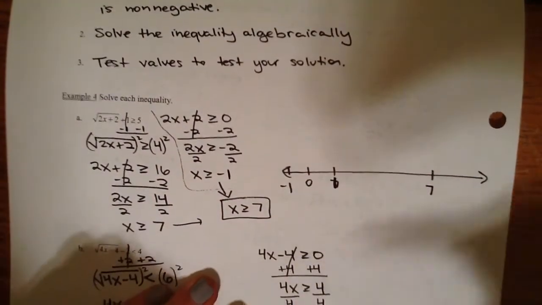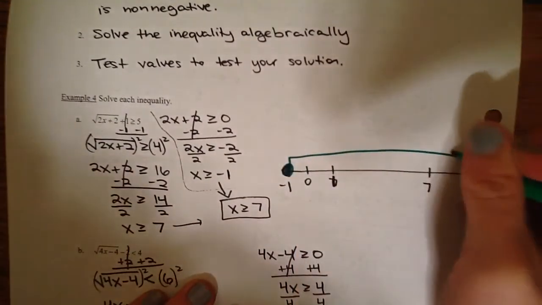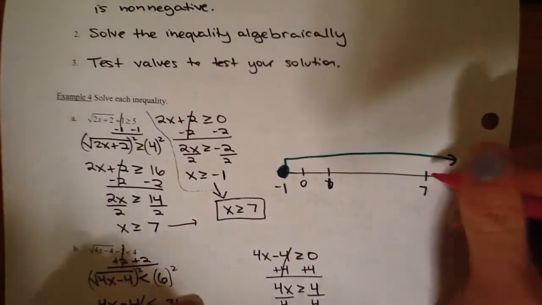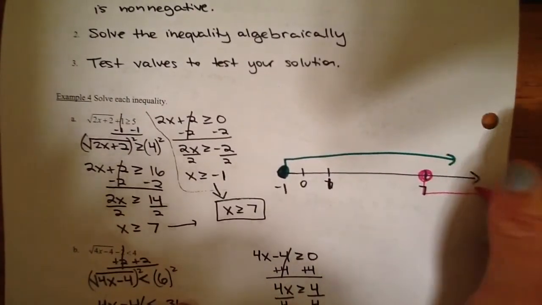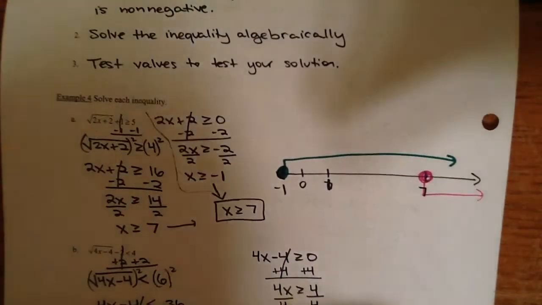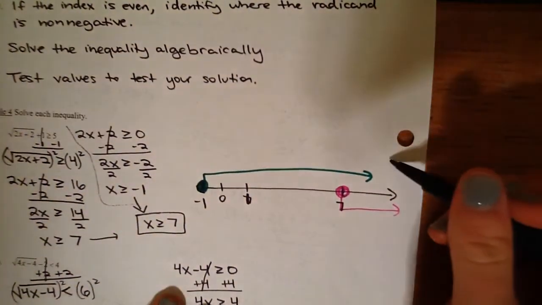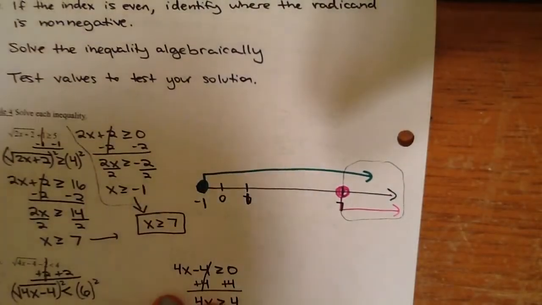So greater than or equal to negative 1 means we shade off to the right like this, and greater than or equal to 7, on the 7, also shades off to the right. If we're looking for the and inequality, we're looking for the overlap between these two, which just happens right here. This is the overlap between green and pink. So that's just greater than or equal to 7.